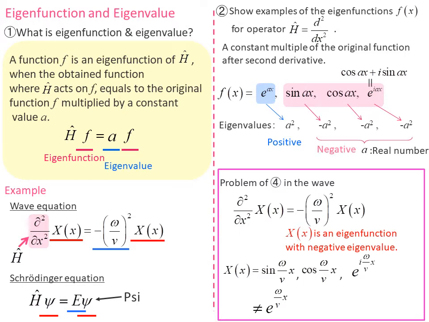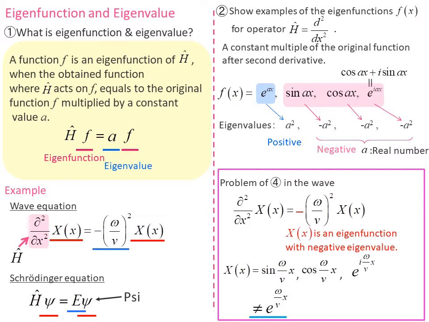With these ideas in mind, we would like to reconsider question 4 in the problem of the wave equation explained in the previous video. The problem is to consider a displacement function called X(x) that satisfies this equation. The operator h is the same as the second derivative we are talking about, but the eigenvalue must be negative because the square of omega over v with a negative sign is always negative.